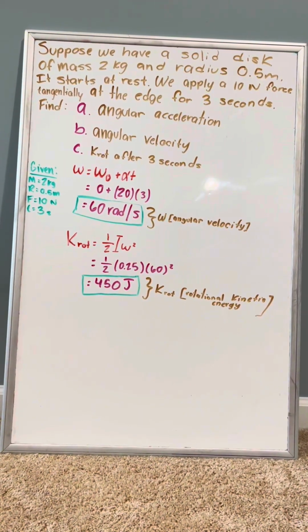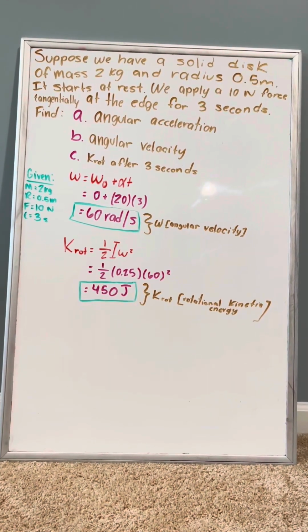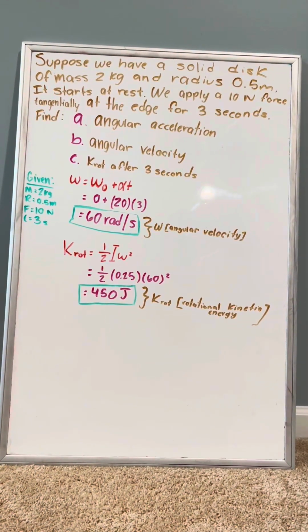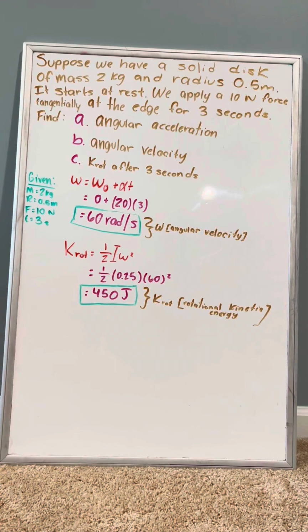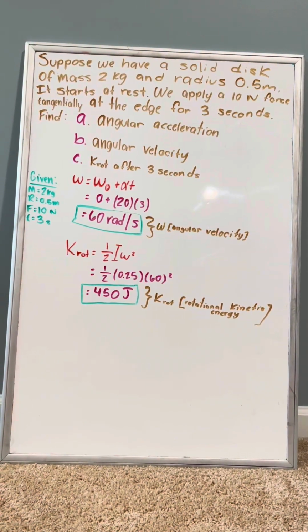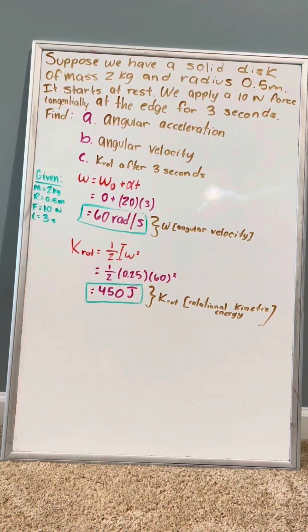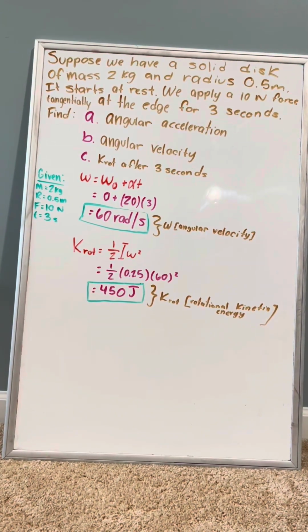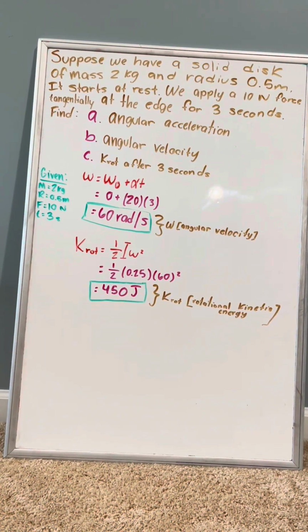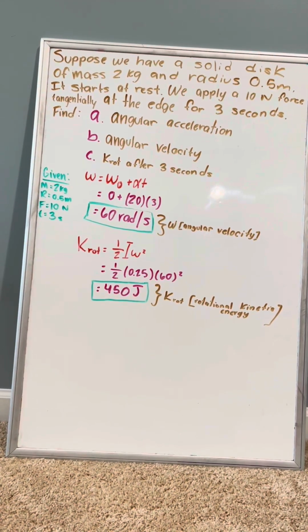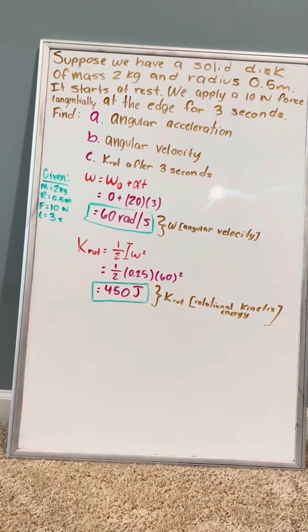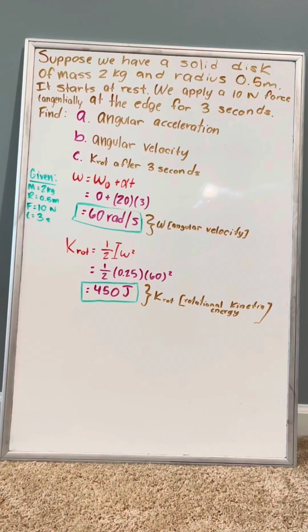Next, to find the rotational kinetic energy for this solid disk, we used the formula, which is 1/2 I omega squared, which is 1/2 times the moment of inertia, which was calculated earlier, times omega squared, which we just calculated. Substituting those two values, we get 450 joules, which is the rotational kinetic energy.